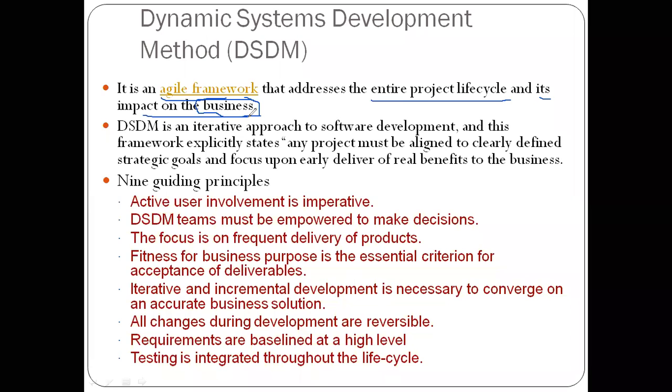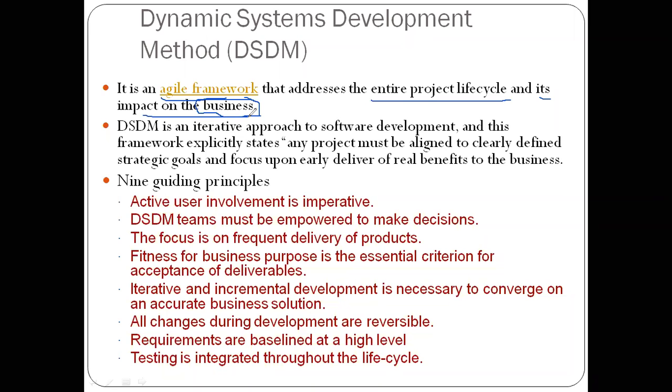If you develop a project in such a way, this kind of project development is called the dynamic systems development methodology. You are going to implement the overall project by taking feedback and important things from the end users.